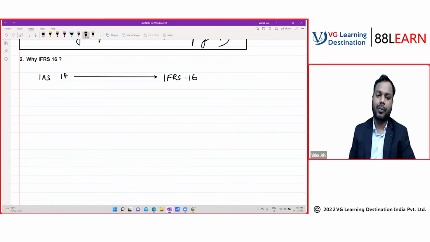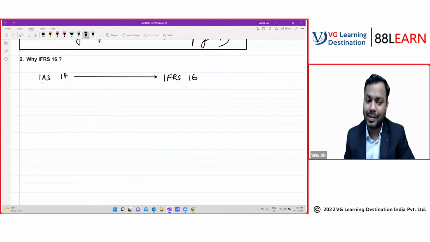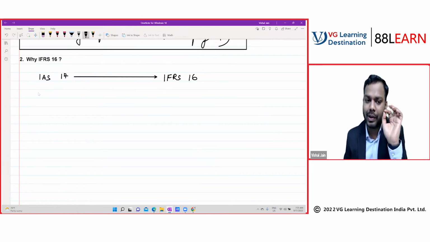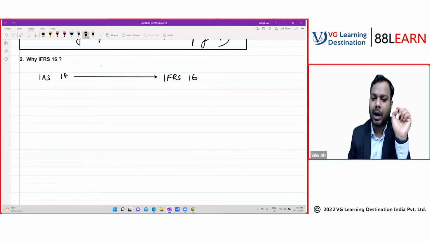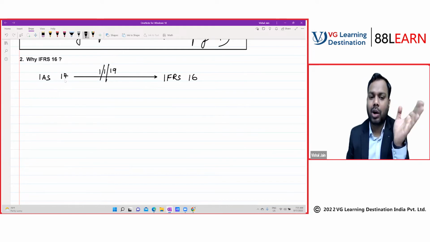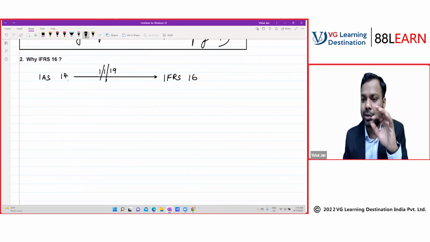Both the standards were for leases. Now, what happened on 1st January 2019? This got changed. In India, it was 1st April 2019.